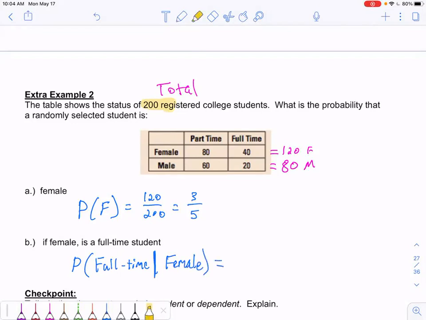So now we're only looking in the female row. So Emma, what becomes my new denominator? What's my new total, if it's just the females? 120, very good. And then how many are going to be full-time out of the females? 40, good. And that reduces to 1 over 2. How are we feeling about this?